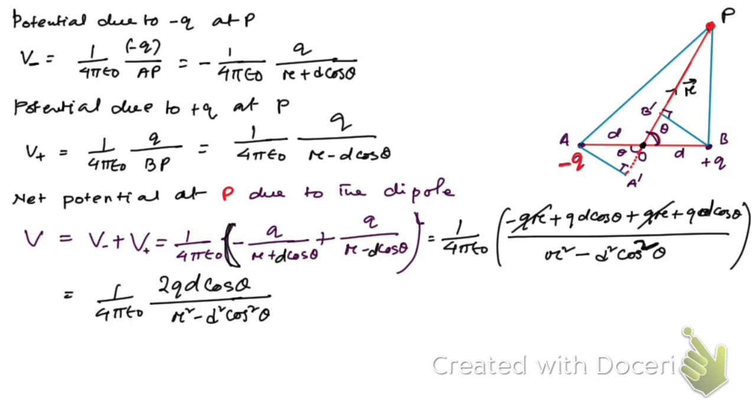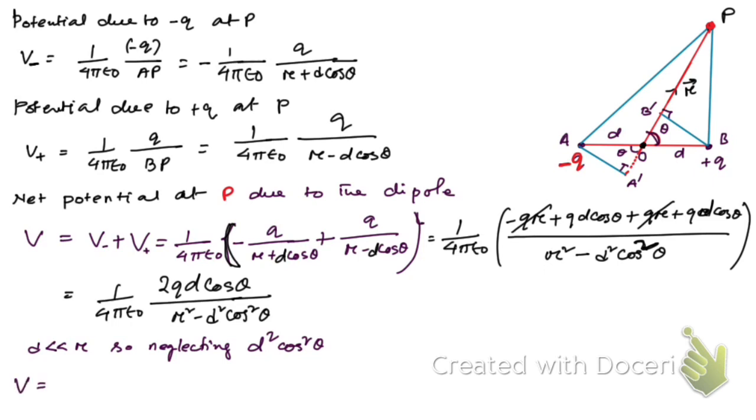Now you see, as d is very small compared to r, neglecting d square cos square theta, what are we going to have?